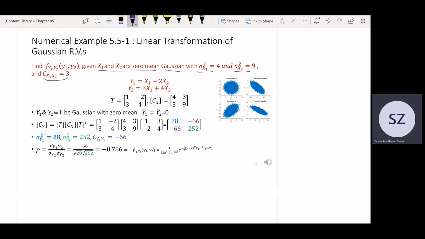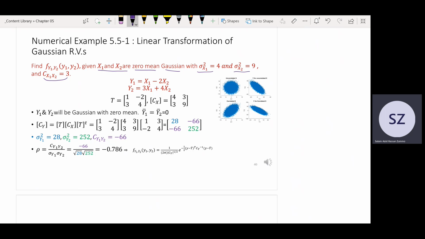First of all, are x1 and x2 independent? No, why? The covariance is not zero. Are they uncorrelated? Why? If they are not uncorrelated, they are not independent.